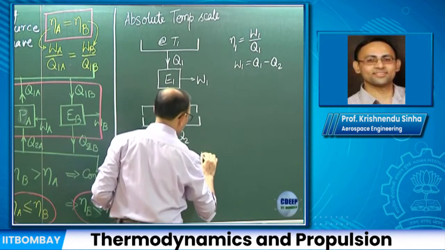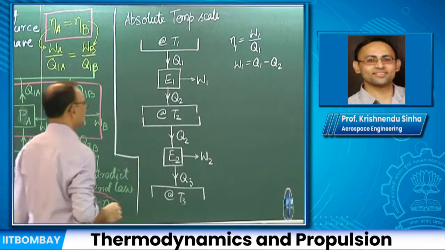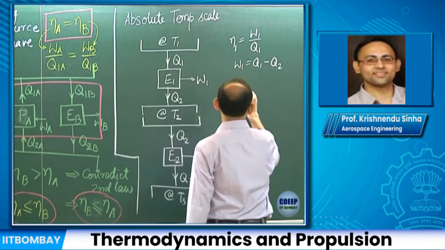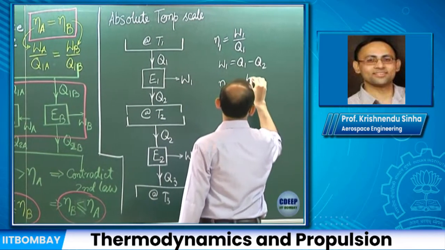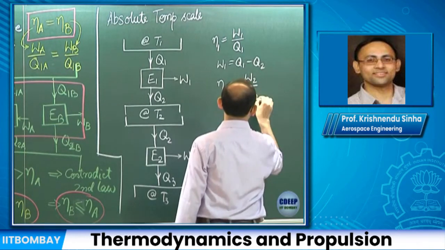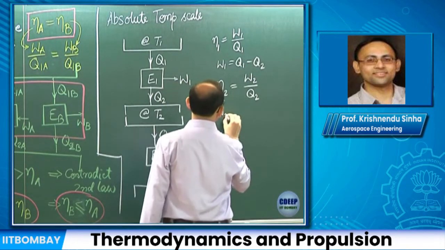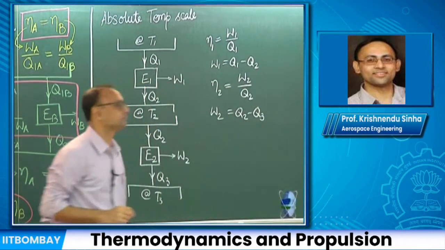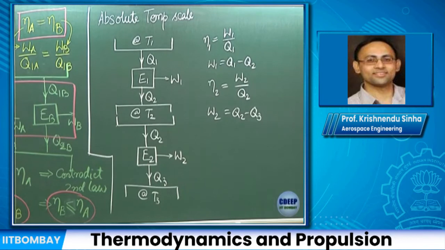The work output is W2. And we write this eta 2 is W2 over Q2, and W2 is Q2 minus Q3. Agreed?